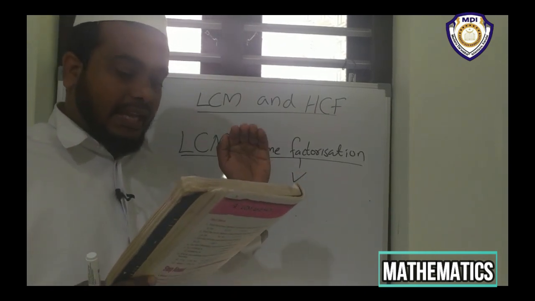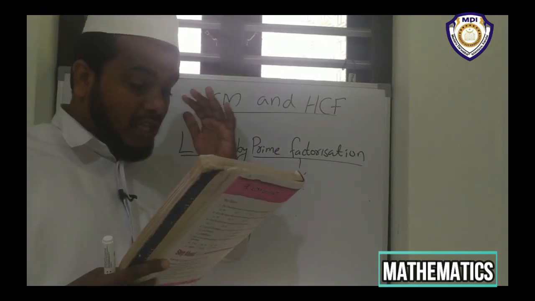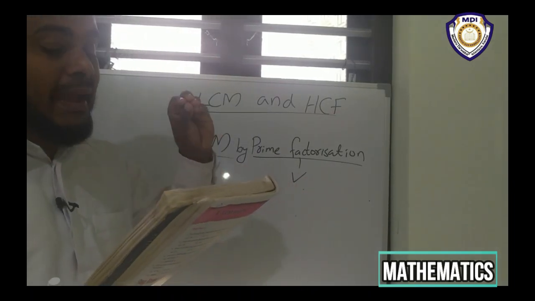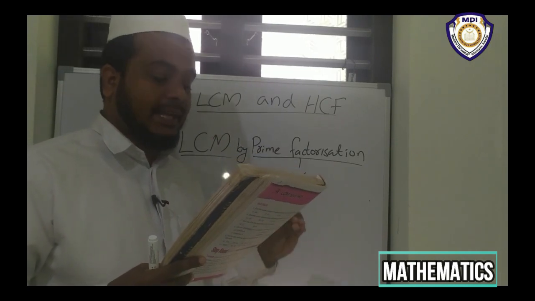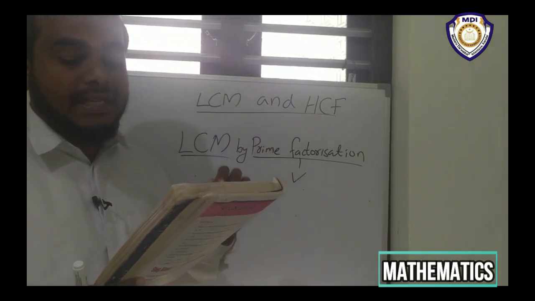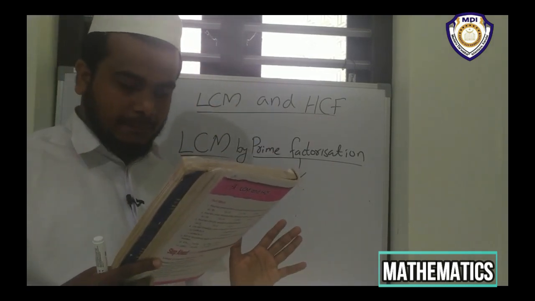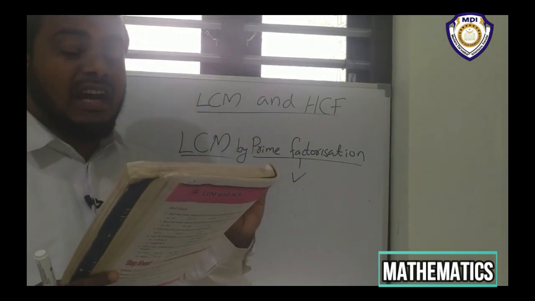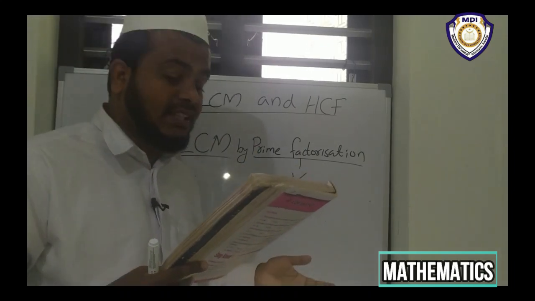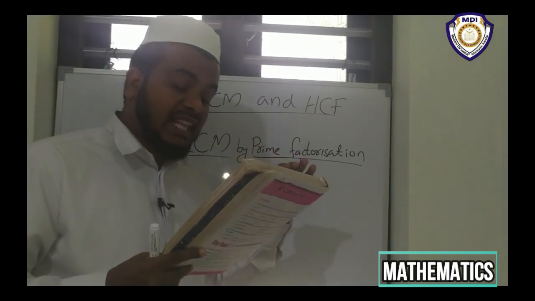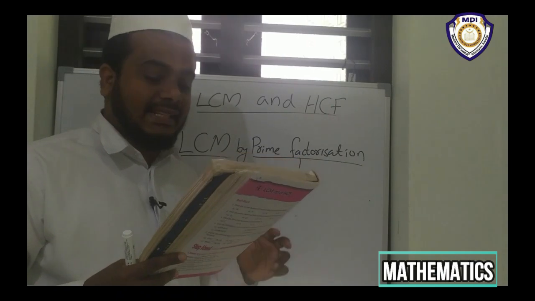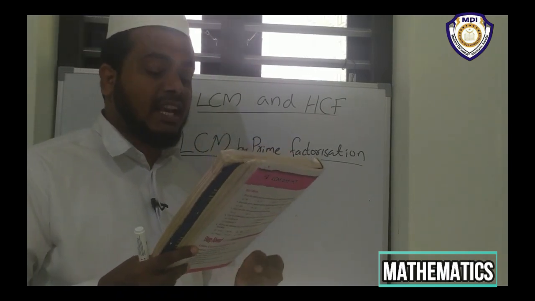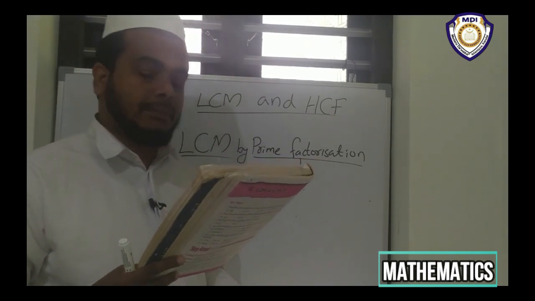Second step, find out the maximum number of times a prime factor appeared in the given numbers.